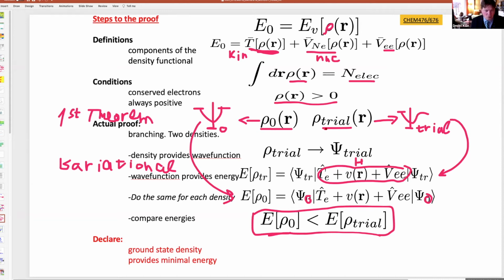And now, what does the variational theorem tell us?